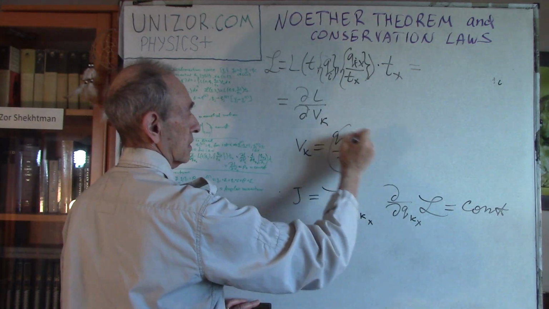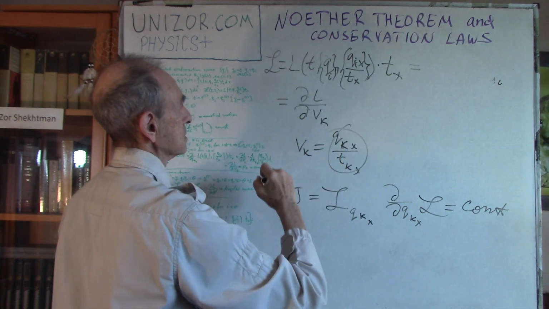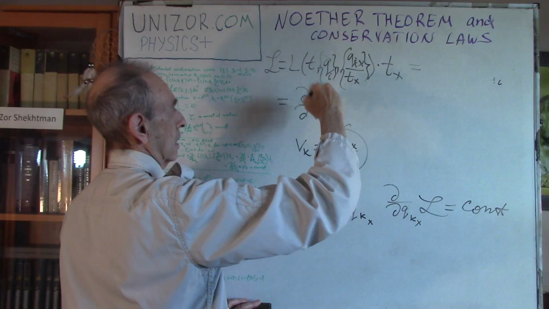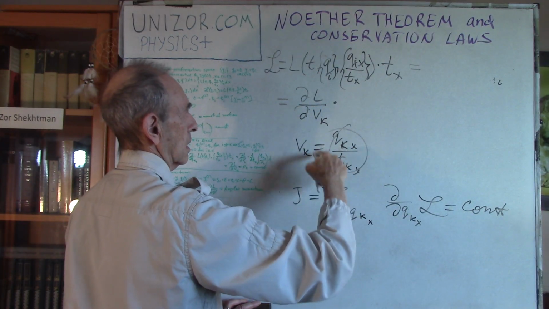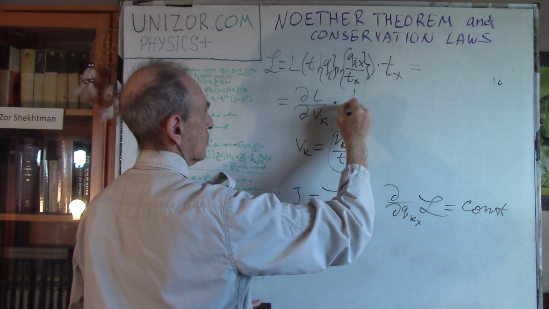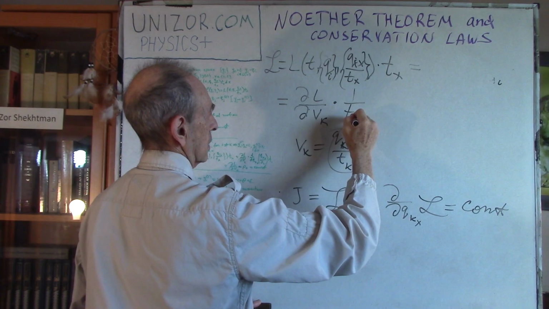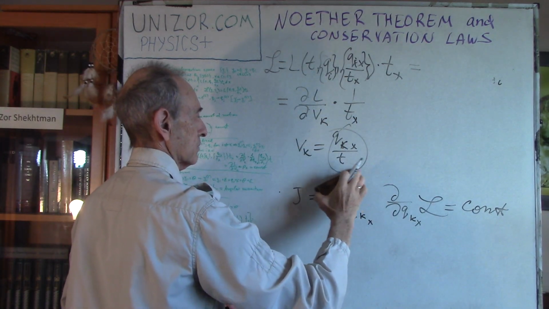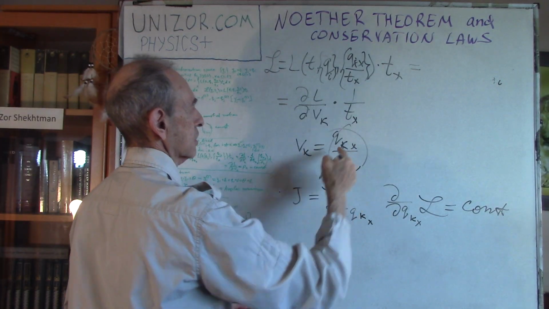Because this is actually the derivative by time, remember, we just replaced it with this. So the partial derivative of this times the derivative of this by Qk, which is 1 over Tx. Well, I forgot, but K doesn't have an actual index at T. T is without index, only Q has indices.